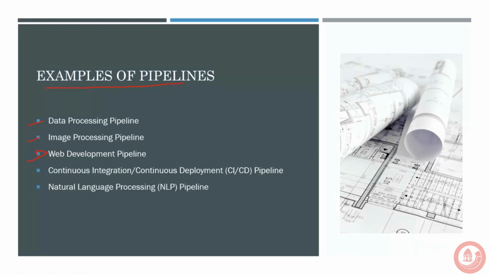You can write natural language processing pipelines as well. For example, you can have a pipeline employed to process text data through various stages, such as tokenization, part-of-speech tagging, entity recognition, or sentiment analysis.